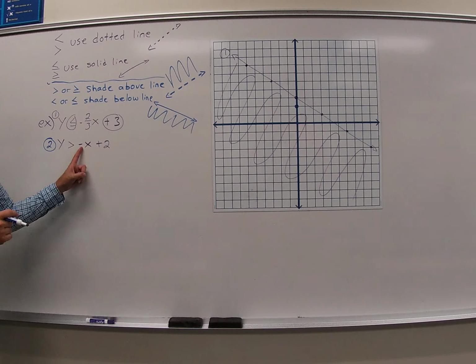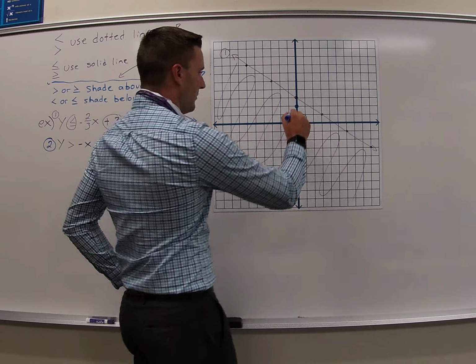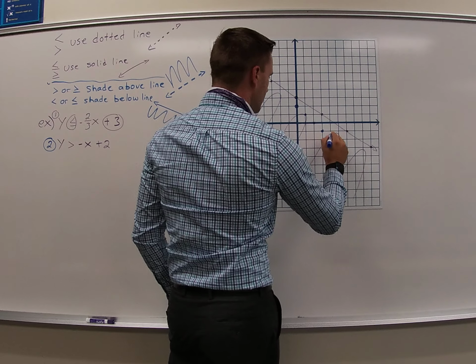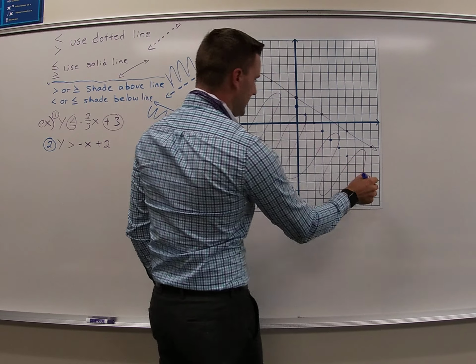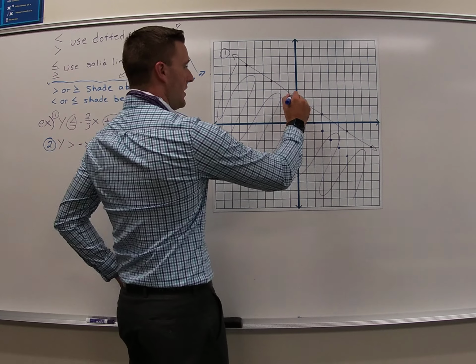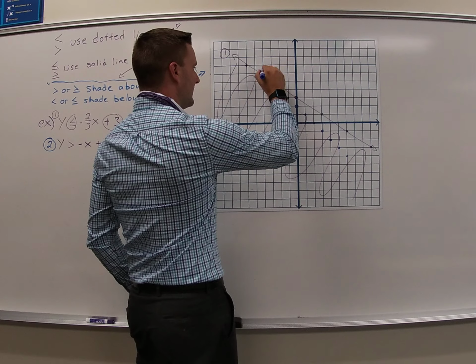From there, this is a negative 1x, meaning that I'm going to go down 1, right 1. So down 1, right 1. And that could go on forever. And the opposite direction of down 1, right 1 is to go up 1, left 1. And we see that they're going to intersect right there at that point.